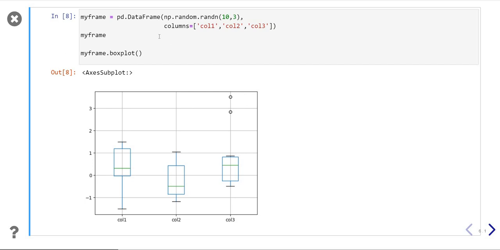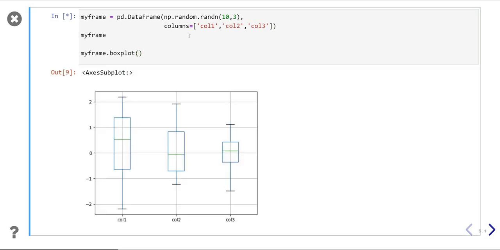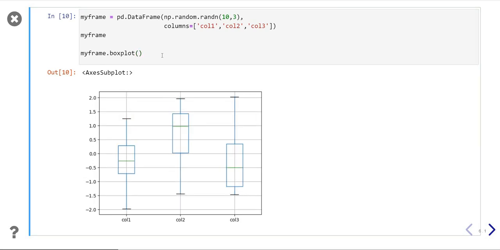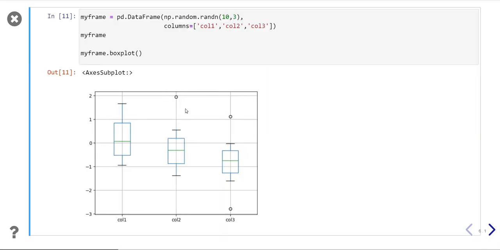Each time I generate, it generates a different plot because of this random value. So you can see the distribution; some of it doesn't have outliers, and some of it you can see outliers that are there. This is randomly generated numbers.